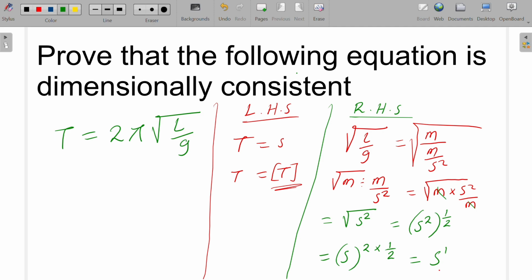So this is s to the power of 1, which is the same as s, and s is the unit of seconds, of time, so the dimension is just T. So we have a T on the right hand side. We can see that we have the same dimensions on the left hand side as on the right hand side. It implies to say our formula is dimensionally correct.